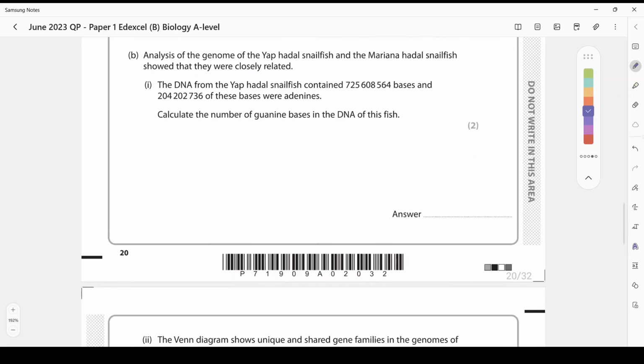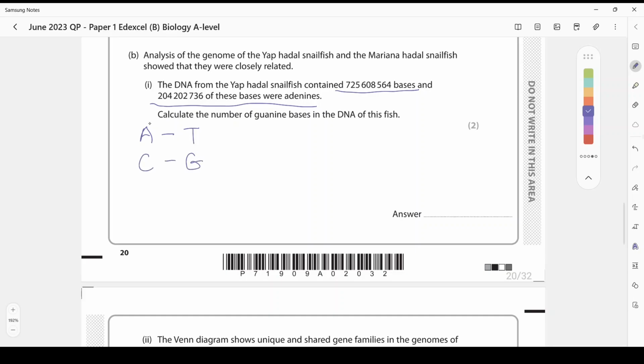All right, the analysis of the genome of the Yap Hadal snailfish and the Mariana Hadal snailfish showed that they were closely related. The DNA from the Yap Hadal snailfish contained this many bases, and of those, these ones were adenine. Calculate the number of guanine bases in the DNA of this fish. So, if you recall, adenine pairs up with thymine and cytosine pairs up with guanine.